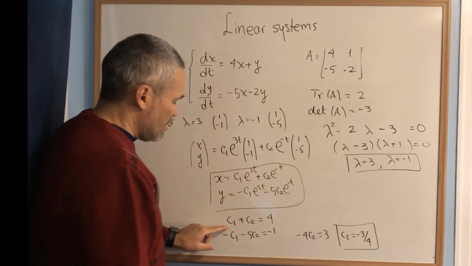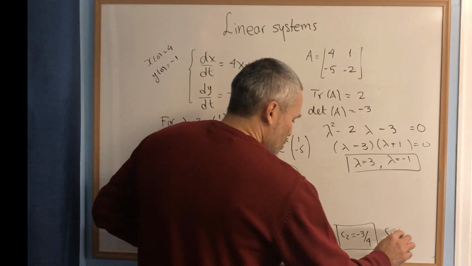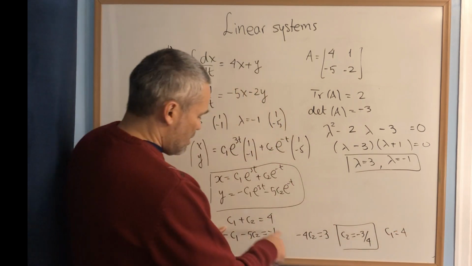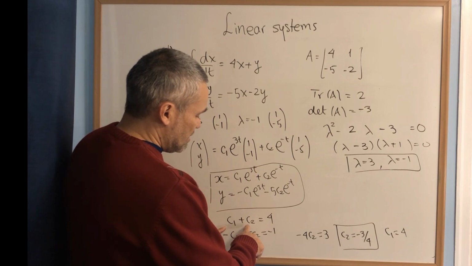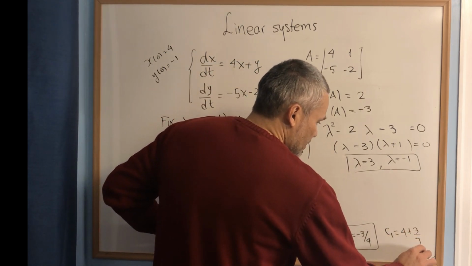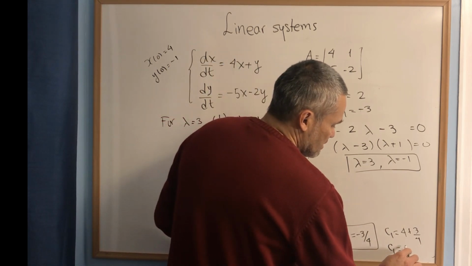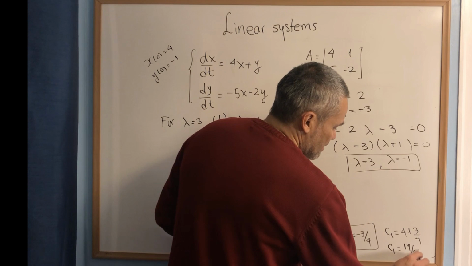That means that c2 is -3/4. And from here, we have that c1 is 4 minus c2, that would be plus 3/4, so c1 would be 19/4.